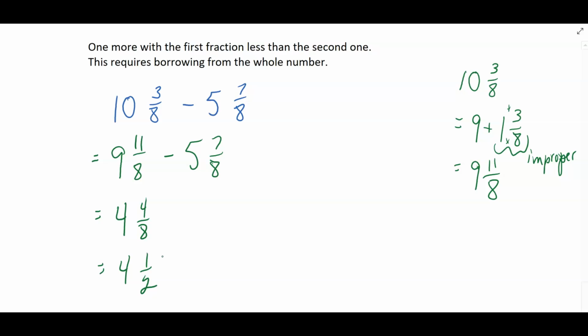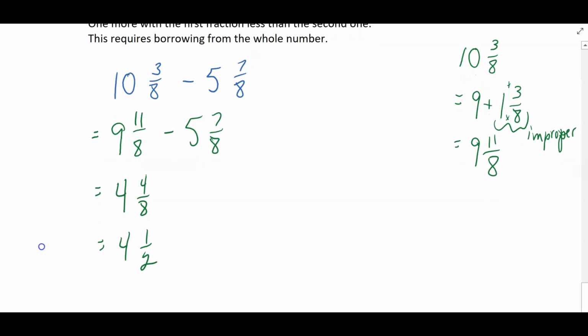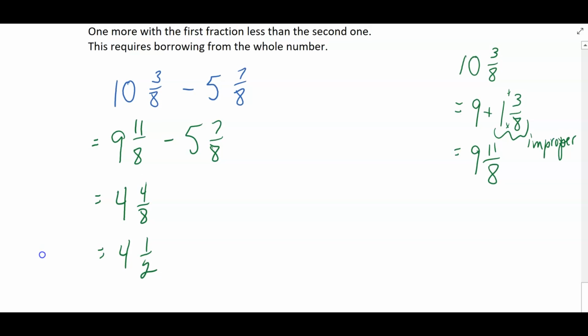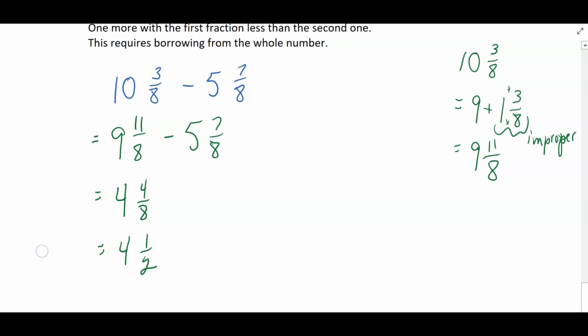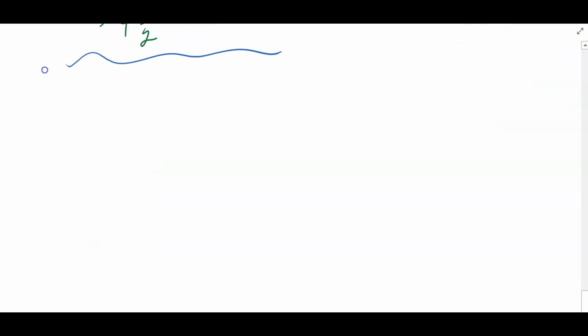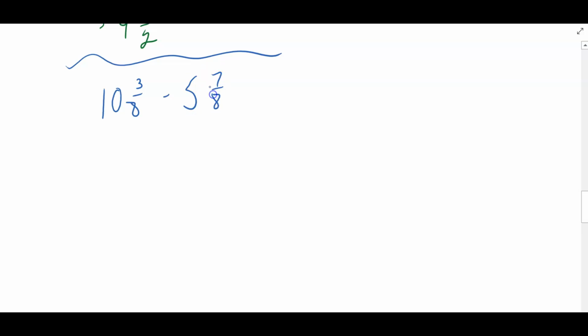All right, an alternative method, in case you like it, is to convert both to improper fractions first. So let's do it that way. We'll see it another way. 10 and 3/8, subtract 5 and 7/8. All right, convert both to improper first.